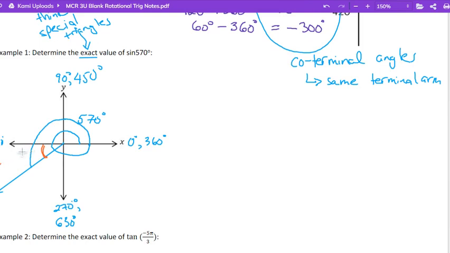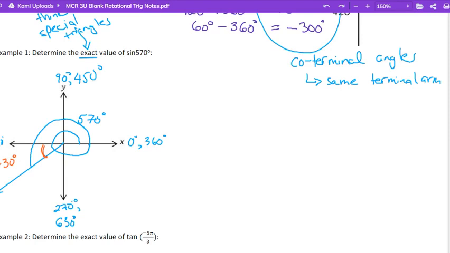So if this is 570, what is this little related acute angle? Yeah, 30, right? If this is 540, then I have 30 more to get to the terminal arm. Okay, now here's a terminology question.